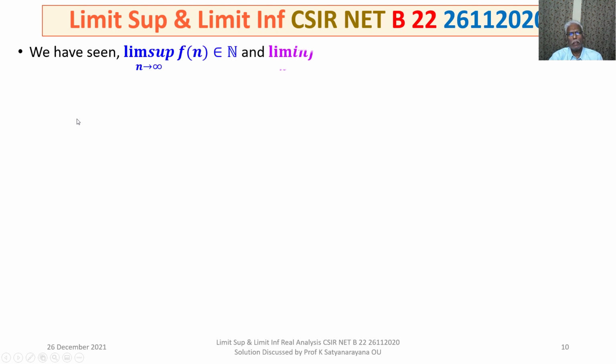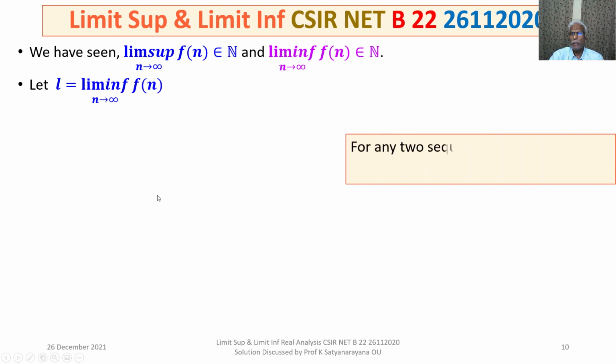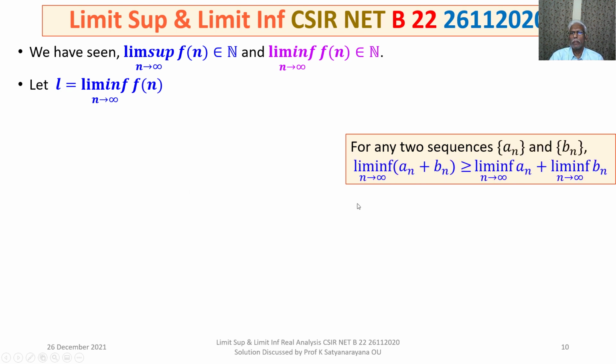We have seen limit superior of Fn and limit inferior of Fn. Both are finite natural numbers in our case. Let L be equal to limit inferior of f of n. Now, for any two sequences an and bn, limit inferior of an plus bn is always greater than or equal to limit inferior of an plus limit inferior of bn. This is a result. So we apply this for f of n plus n.